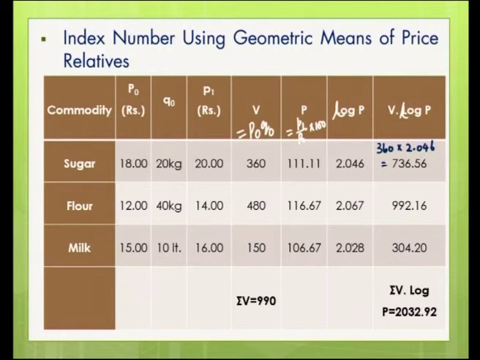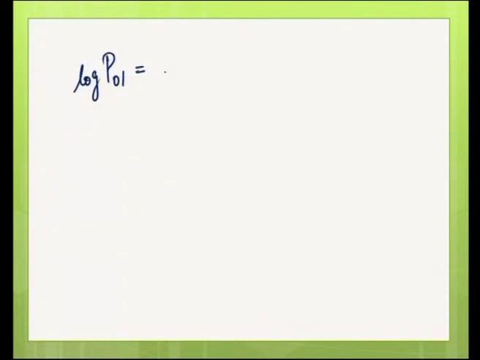Likewise, it is calculated. Now, take summation V, which is 990, and then take summation V into log P, which is equal to 2032.92. Now the price index is calculated using the geometric mean as follows.